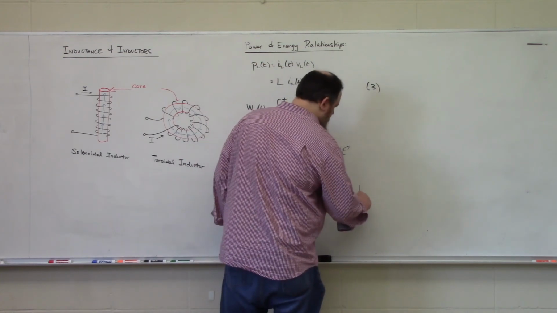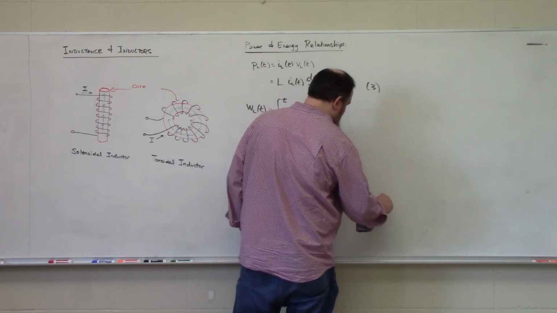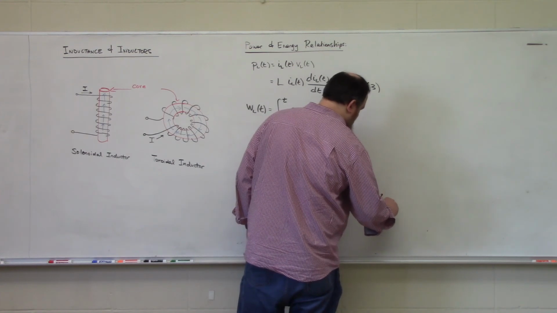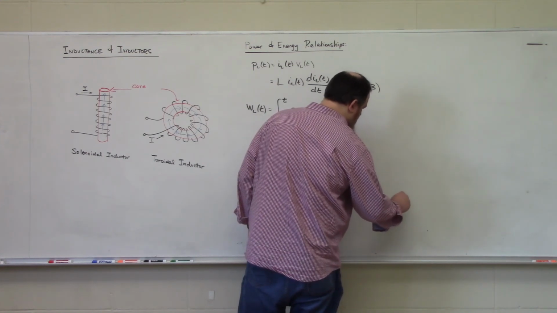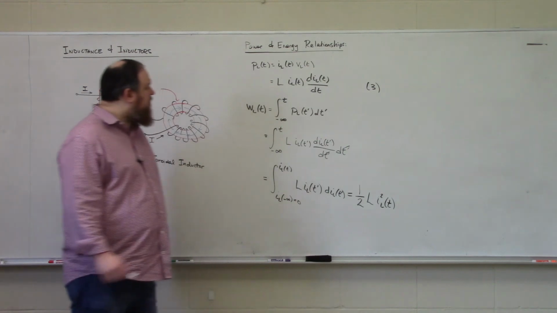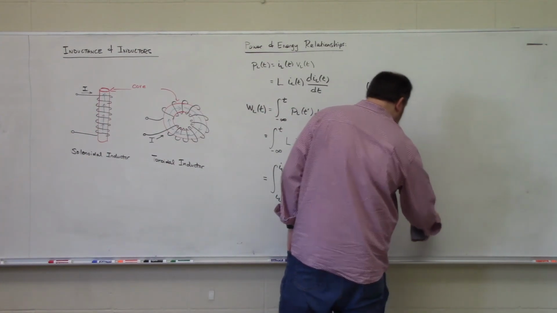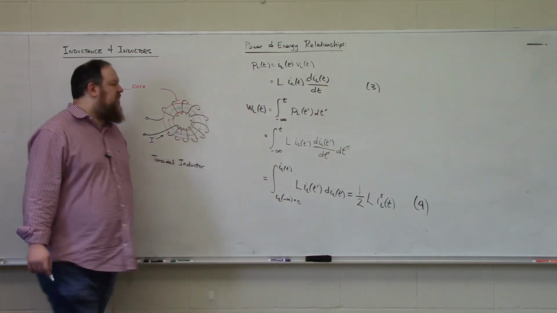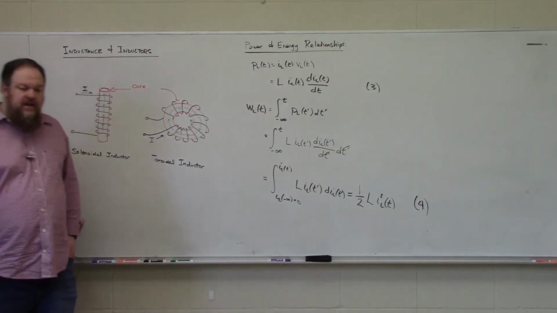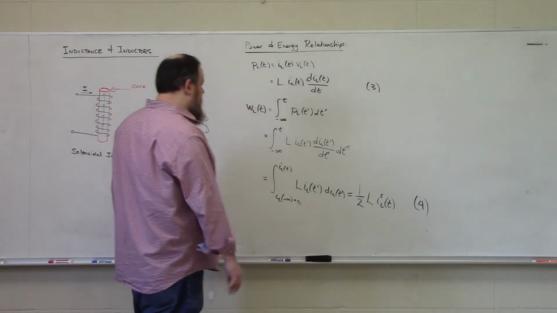And we get 1/2 L times the inductor current squared. This is our fourth relationship. All right. So these are all the mathematical relationships that govern how inductors behave in a circuit.